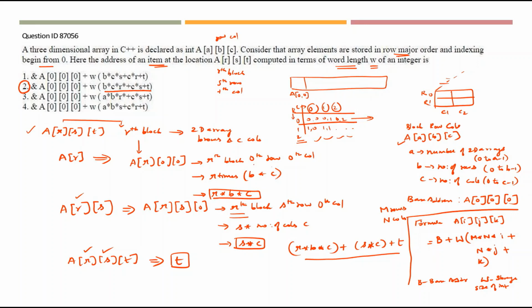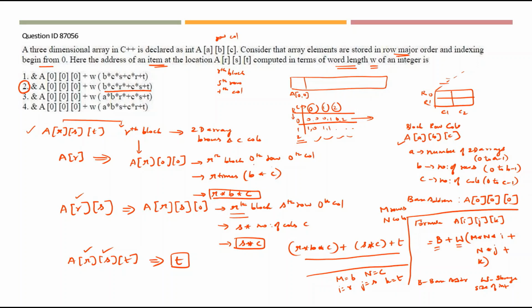For this problem, capital M is equal to B and capital N is equal to C. I is equal to R, J is equal to S and K is equal to T. Now if you substitute it here, you will get it.